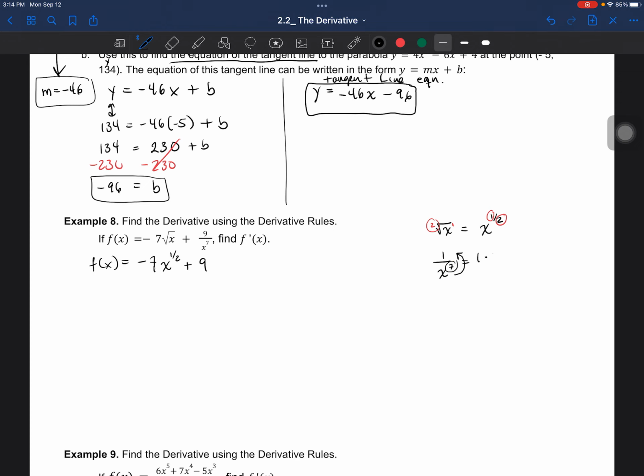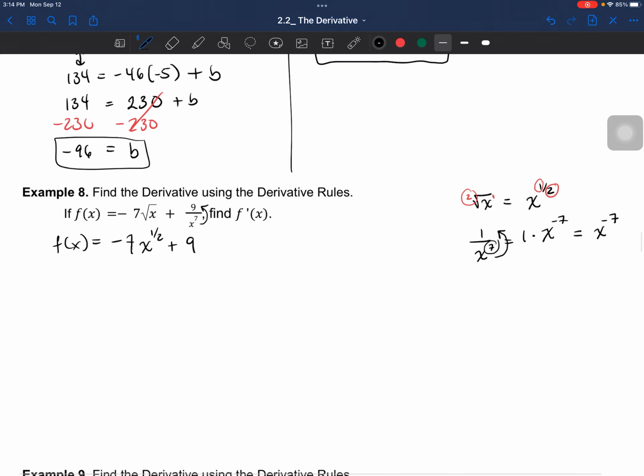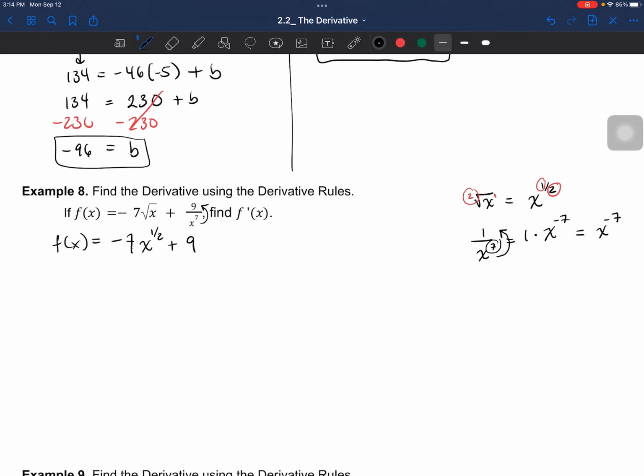In other words, you're going to have 1 times x to the power of -7. Of course, 1 times anything is always the same thing, so therefore you have x to the -7. So when you move this variable to the top, you're going to have x to the -7. So it'll be times x to the -7.